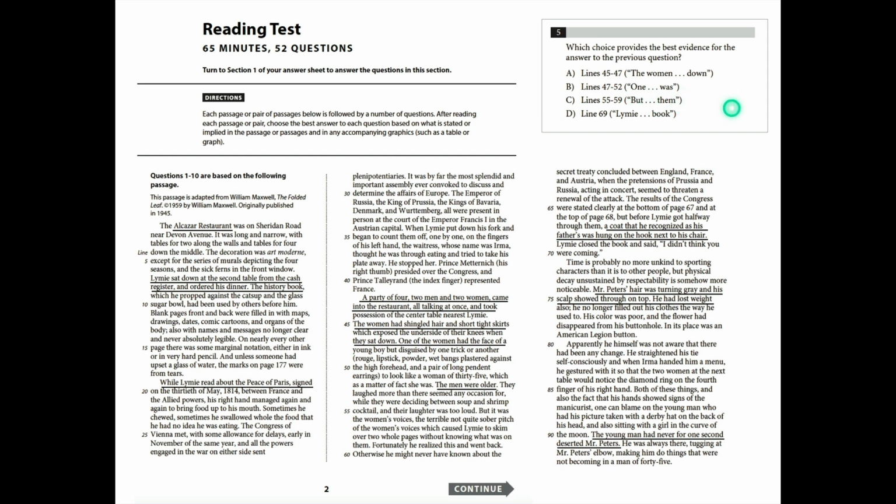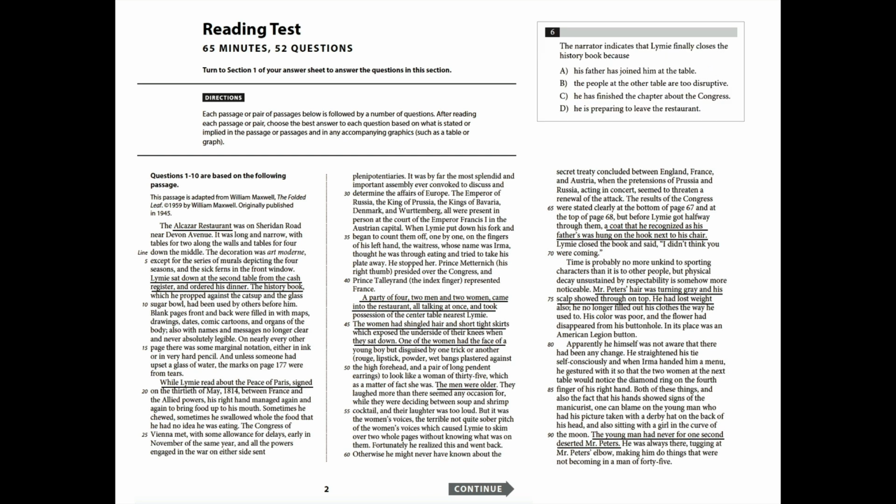But since we already found the answer to question 4, which was A, on question number 5, C is going to be the correct answer because this is the information we used to come up with the correct answer to question number 4. Okay? Hope that wasn't too confusing.